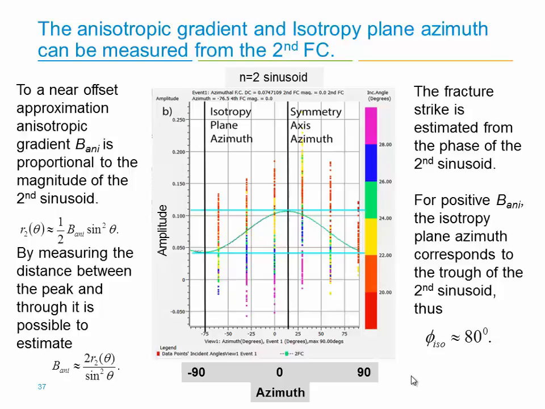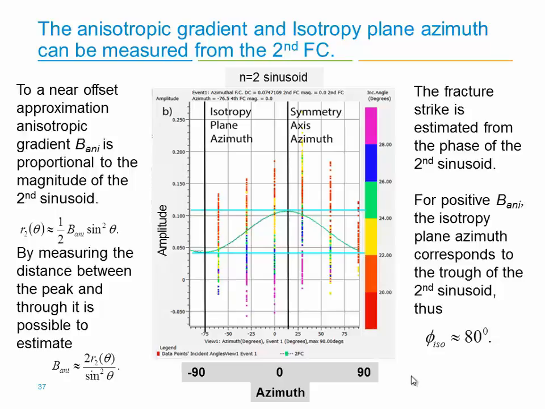And it's going to be described by the peak to trough magnitude and also the phase of this sinusoid. When I look at the peak to trough magnitude, I'm getting a measurement of this magnitude here, and I know the average angle of incidence, so I can manipulate the expression and get an estimate of the anisotropic gradient, and this will appear to be very similar to what you get out of the Ruger expressions.